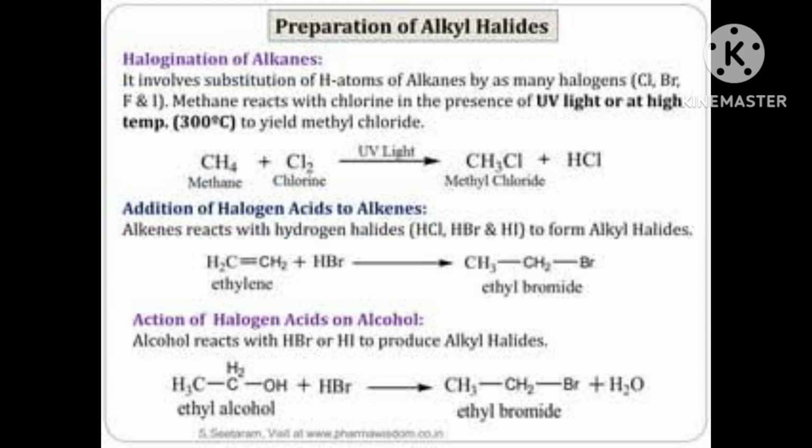Cl2 will break, and under UV light both chlorines take one electron each, forming two radicals. These are chlorine radicals. Then one chlorine radical will come near the CH3.